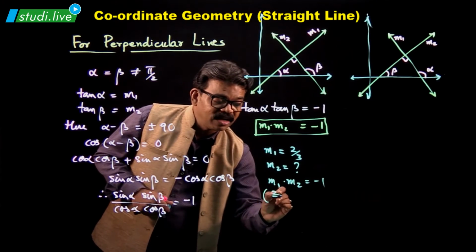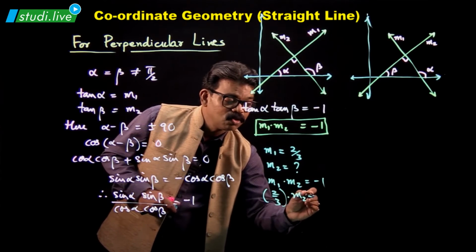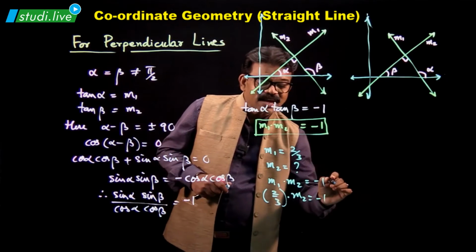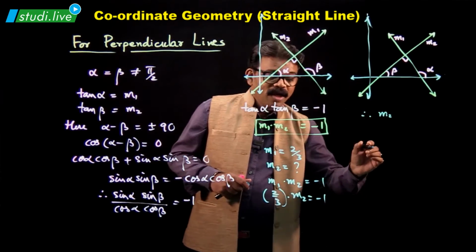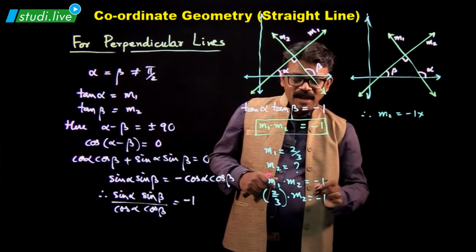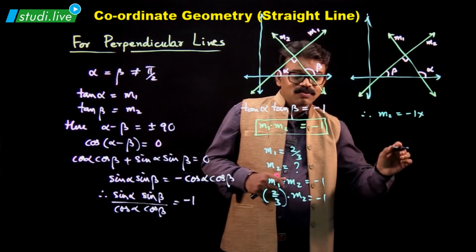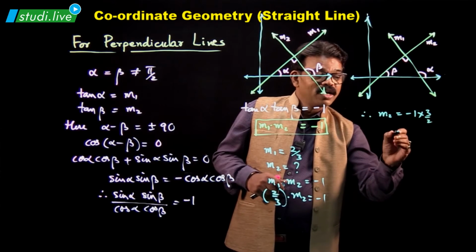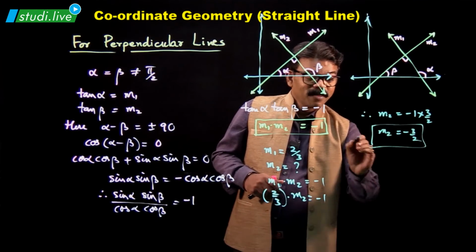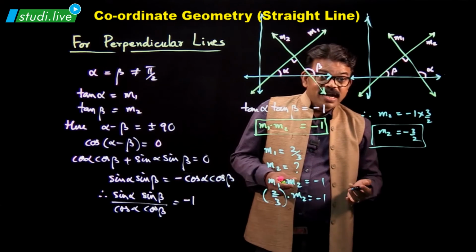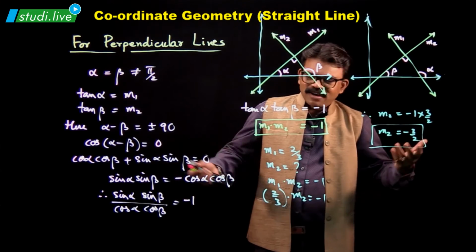So 2 by 3 into M2 is equal to minus 1. And I discover the value of M2. Come on, what will be the value of M2? M2 is equal to minus 1 multiplied by, what will happen? This will go there and become 3 by 2. So I got the value of M2 as minus 3 by 2. Isn't it so easy? Now, we got the answer and we are very happy about it.